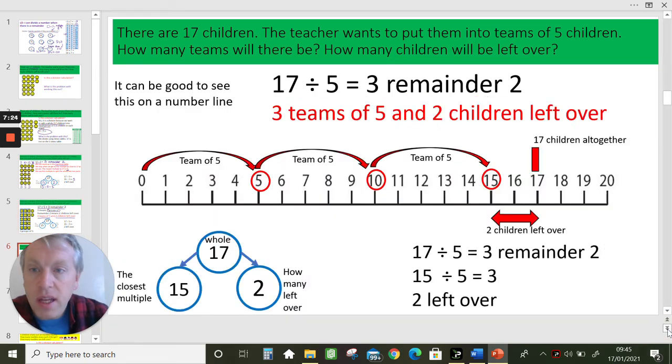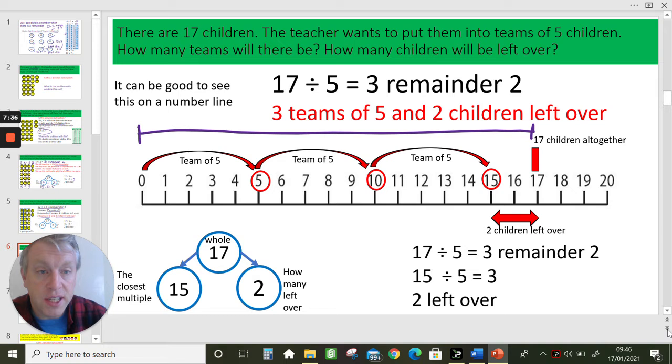So, we can also see it on a number line. That makes sense for some people to see it on a number line. Imagine a number line that starts with 0 and goes up to 17, because there are 17 children altogether. And when we count up, we take 5 for one team of 5, 10, can you see it's the 5 times table, just like we did before, 15.